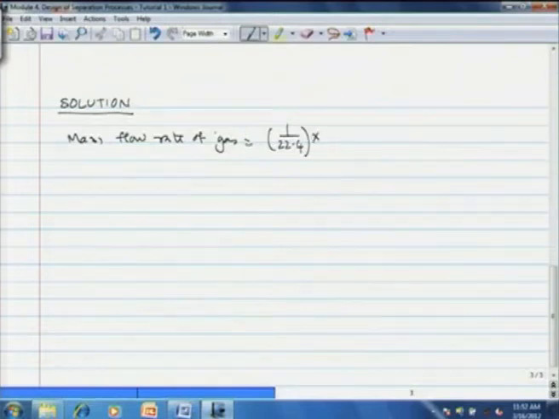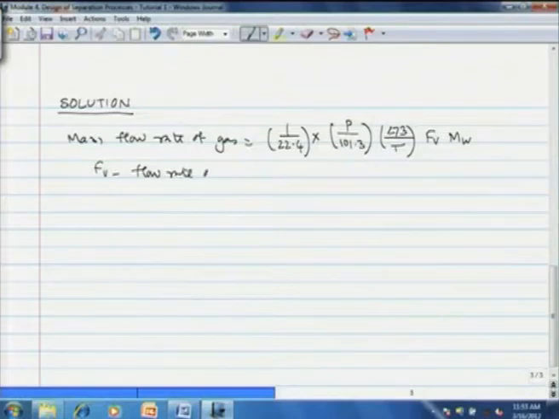We assume ideal gas law to follow. 22.4 liters is the volume of 1 gram mole of gas at STP condition, 101.3 kilopascal and 273 Kelvin temperature. FV is the flow rate of gas in meter cube per second, and MW is the molecular weight. So we substitute all values here.